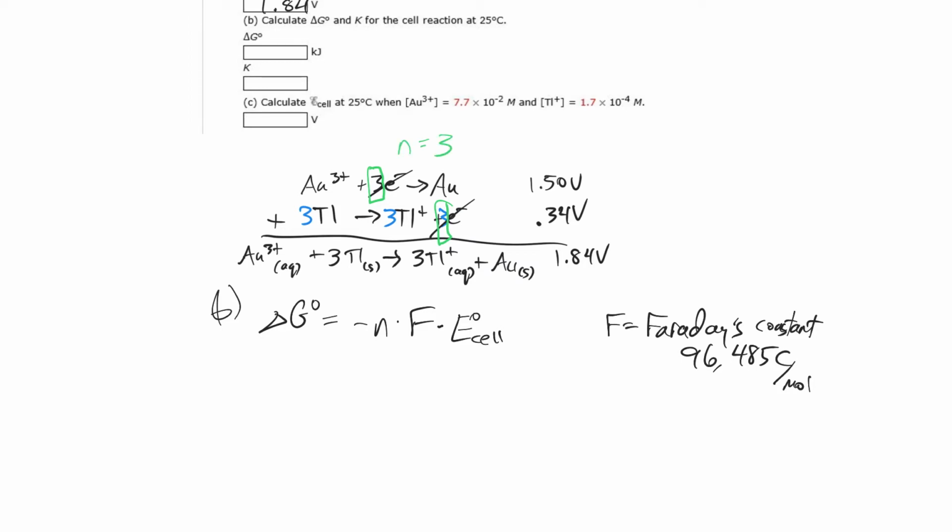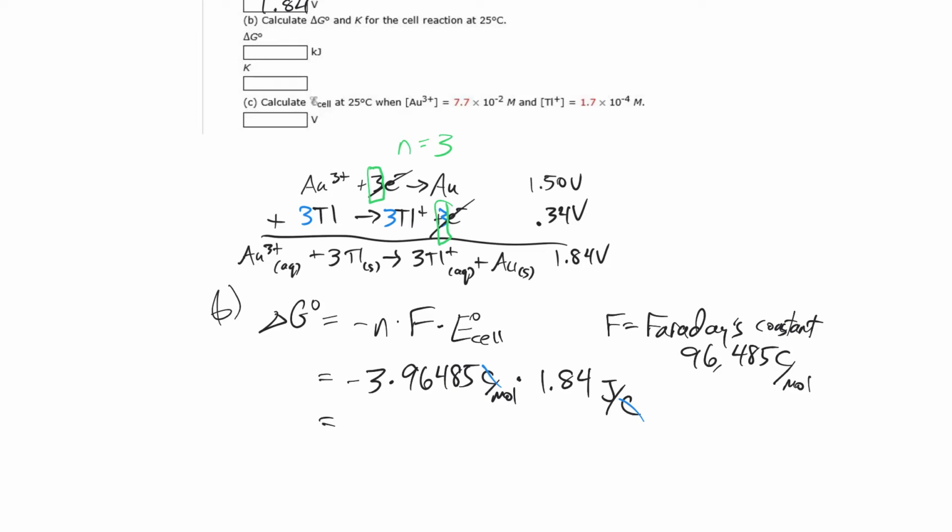That tells us how many moles of electrons were transferred in this reaction. And the standard cell potential is 1.84 volts. I'm going to list the volts as joules per coulomb, which is another way of writing volts, so that we can show coulombs crossing out.